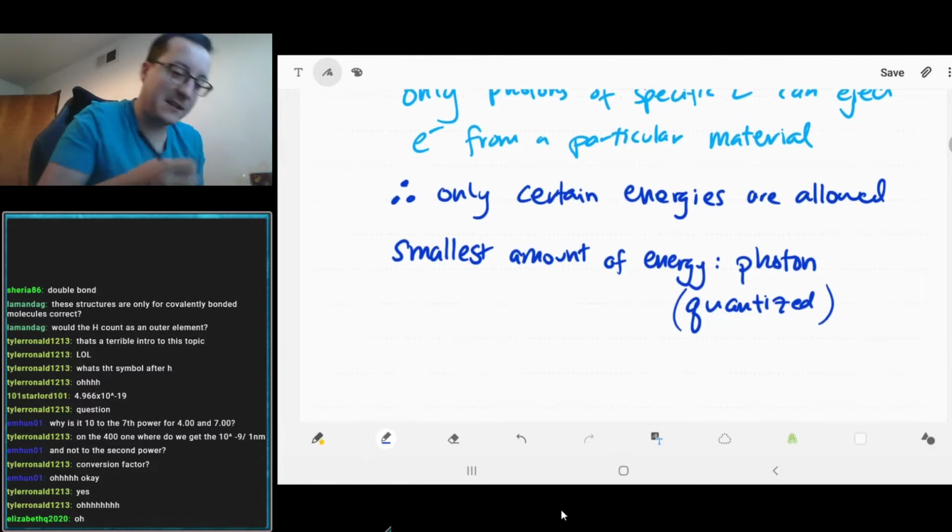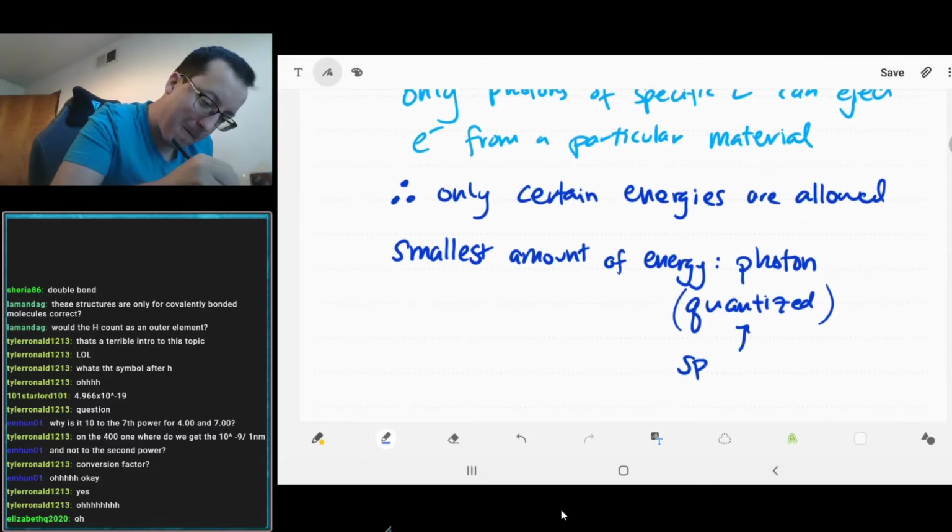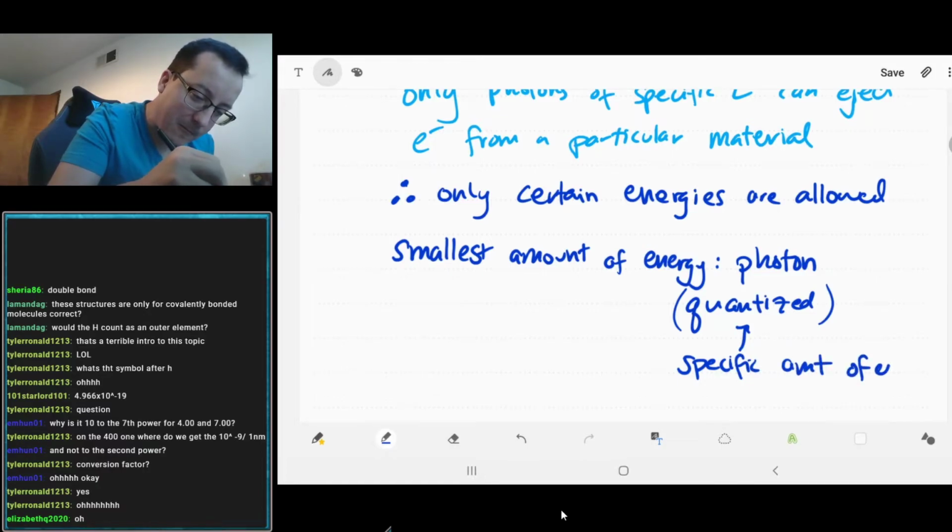And that means it has a specific amount of energy.